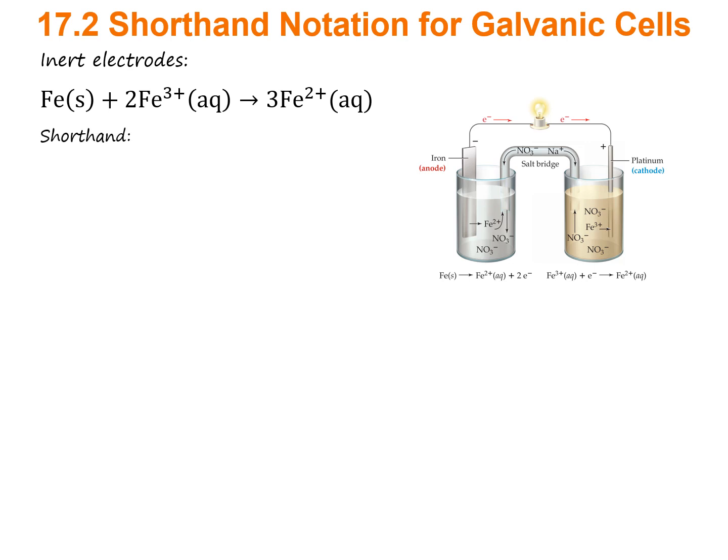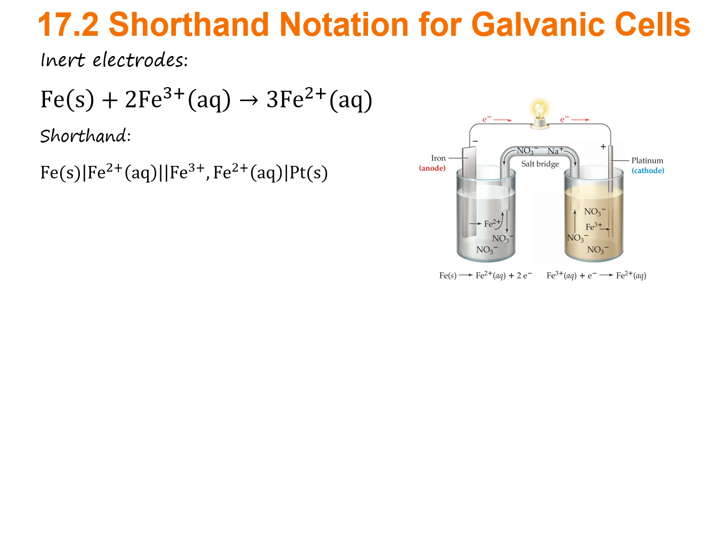So how are we going to do the shorthand with this inert electrode present? We're still going to have oxidation on the left-hand side, which should be the iron solid going to Fe2+. And so we write that. We have one single bar between those two because they're in different phases. We put the double bar to indicate that we have a salt bridge present.